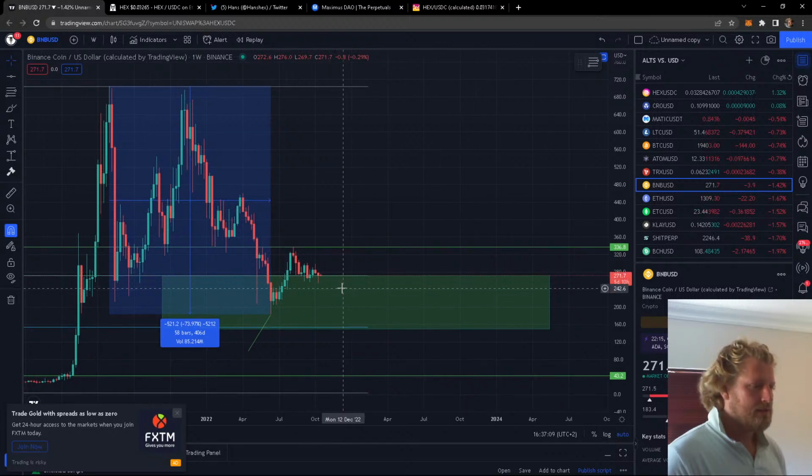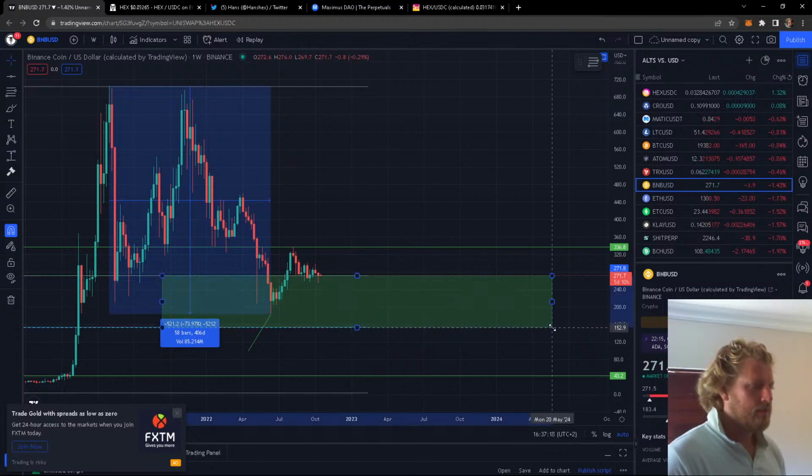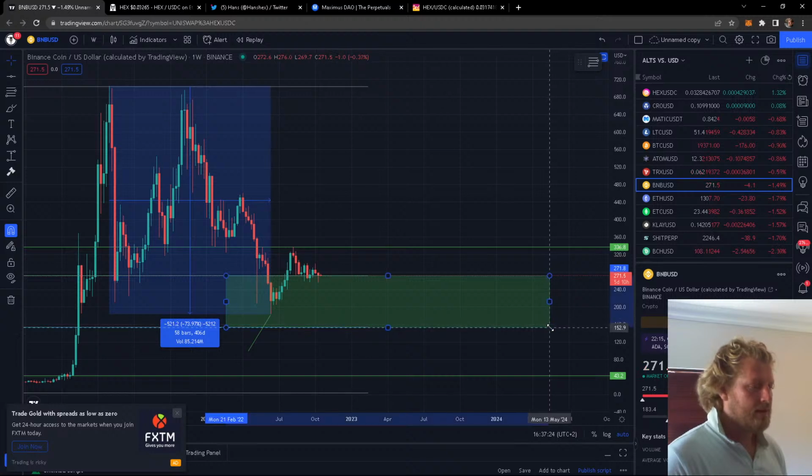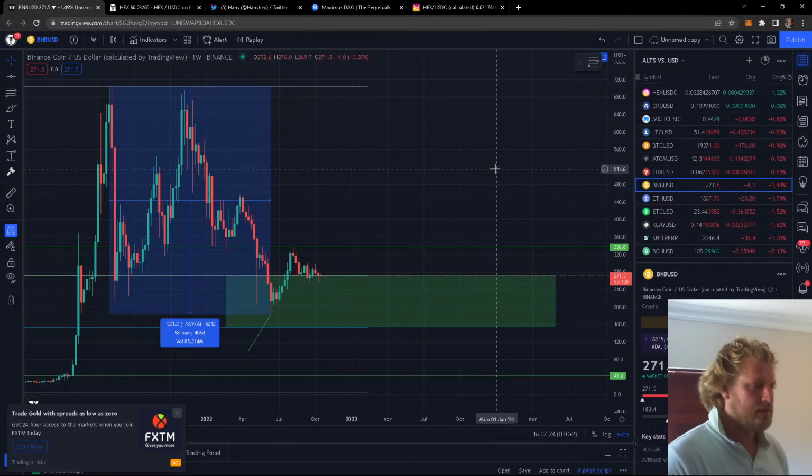So yeah, if you get some here, the only thing with this strategy is you have to wait for it to come back into the reload zone. I used to have a course on these things, and I should probably remake it and incorporate some of the Hex strategies, staking strategies in it.